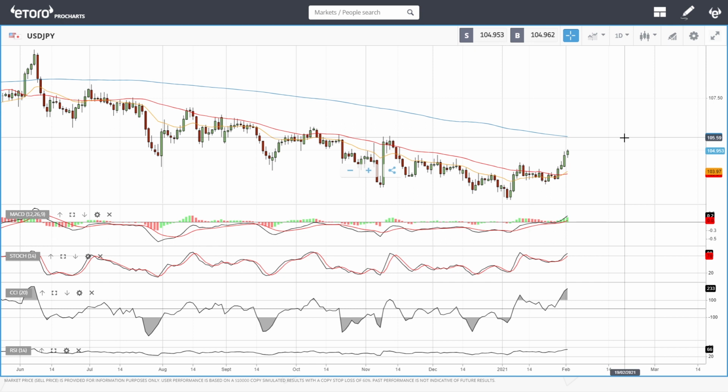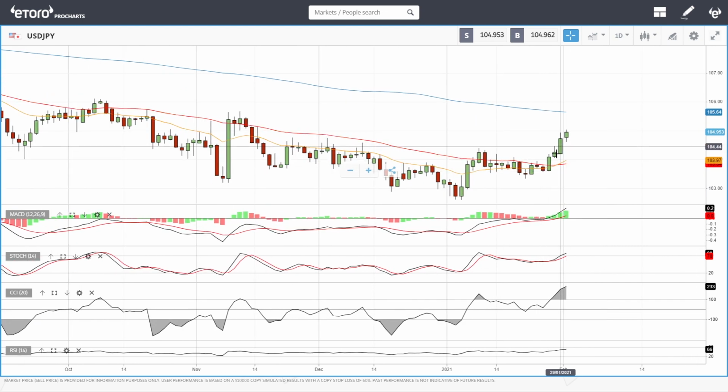Due to the fact that the US dollar has been appreciating, we can see what basically happens in this currency pair. We were in a channel here. The 50 moving average was acting as a major resistance, and underneath here we had also a lower channel which was acting as support. At the moment, we have crossed the 50 moving average.